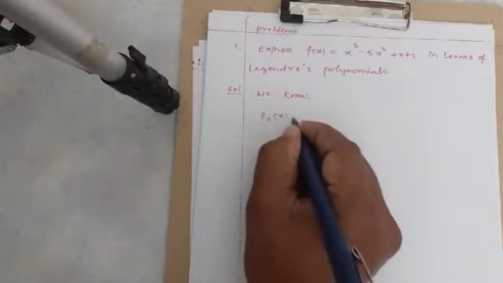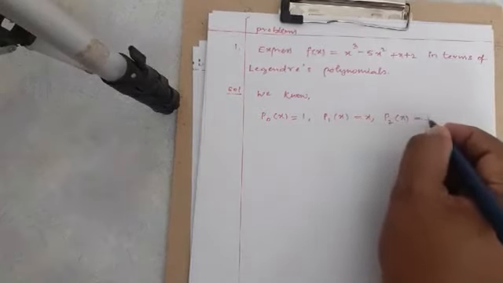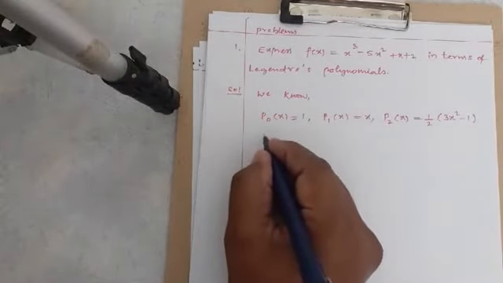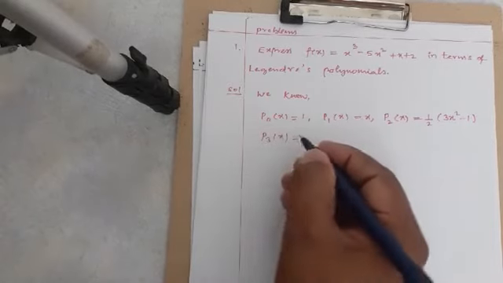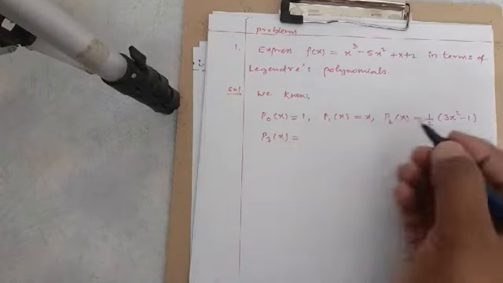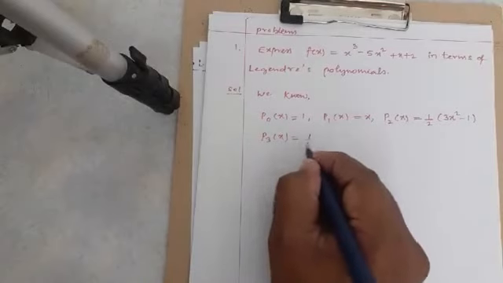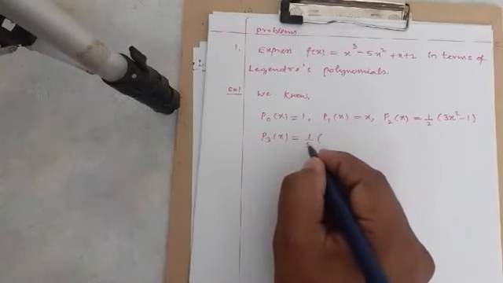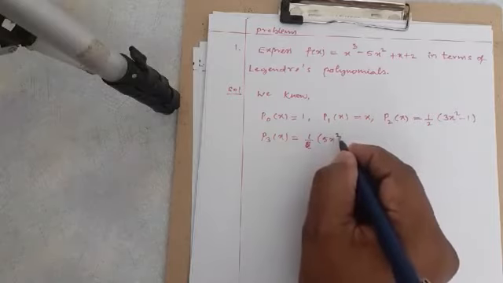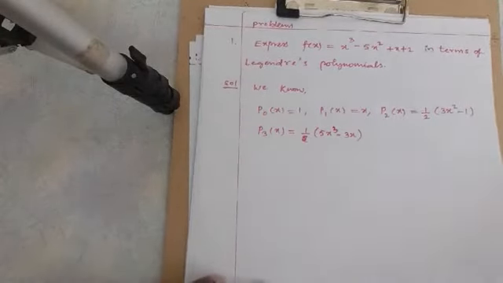P0 of x is 1, P1 of x is nothing but x, P2 of x is nothing but 1 upon 2 into 3x square minus 1, and P3 of x is equal to 1 upon 2 into 5x cube minus 3x, as you know, just now we have derived.